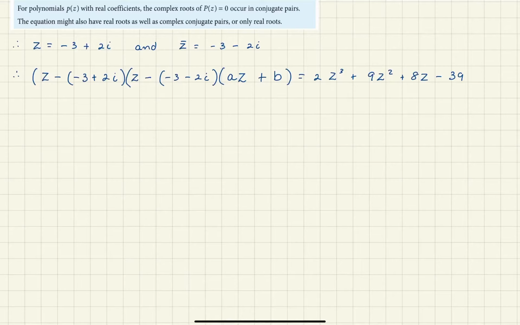So what I'm saying is, therefore, z times z times az, because we don't know what a is yet, equals 2z cubed. Okay, you can see quite easily, therefore a equals 2.